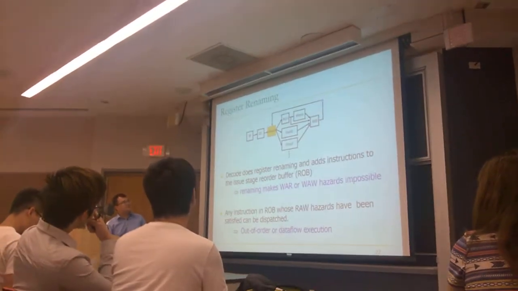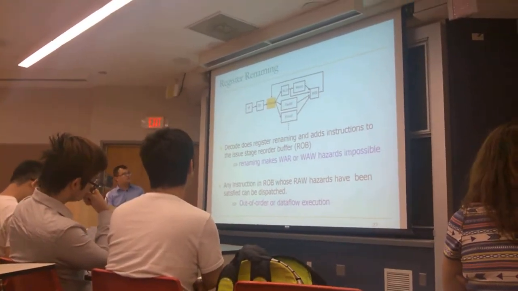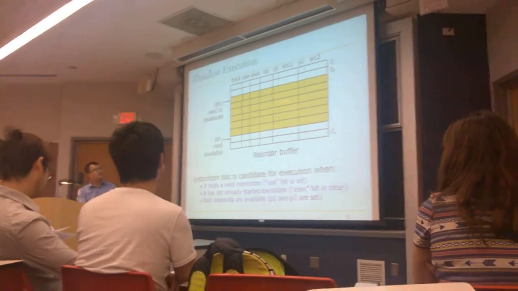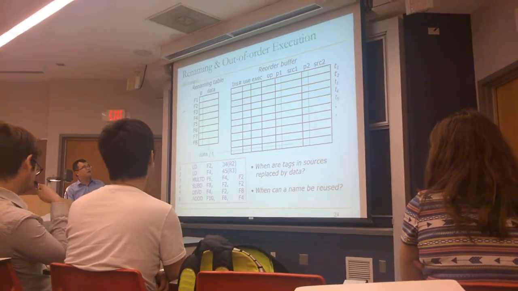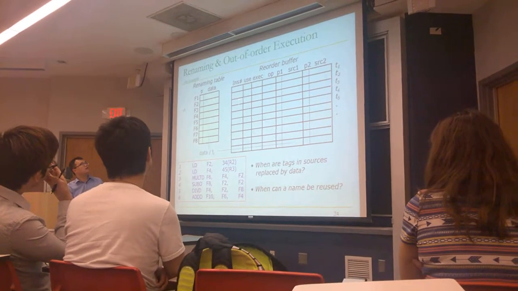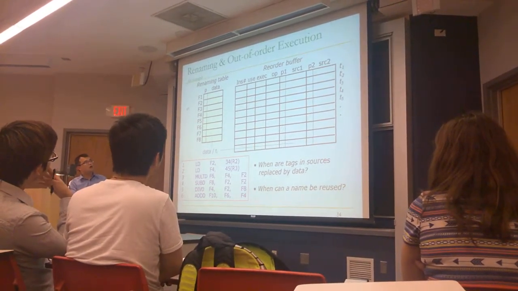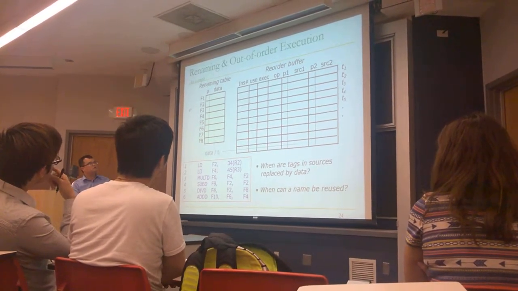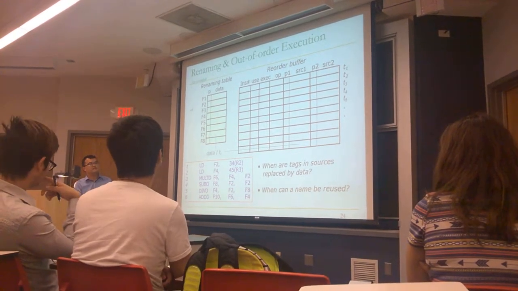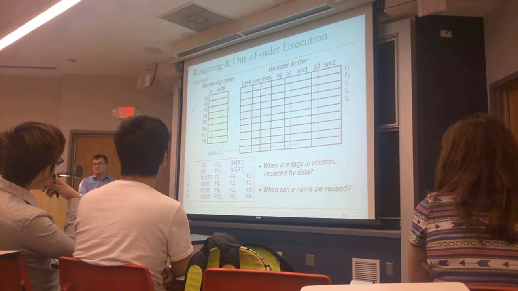And for the renaming, we would like to introduce the reorder buffer, and here is the structure of the reorder buffer. And here is how we can use the renaming table along with the reorder buffer to identify the true data hazard in the code.